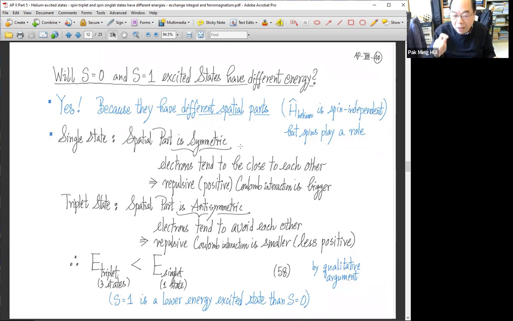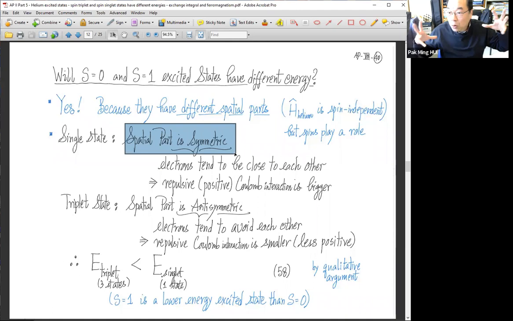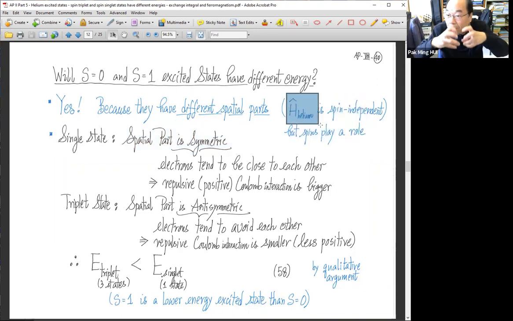Now that's the punchline. We just saw that when the spatial part is symmetric, the two electrons tend to live closer to each other, right? But in the calculation of the energy expectation value, there is a Coulomb repulsive term, e squared over |r1 minus r2|.